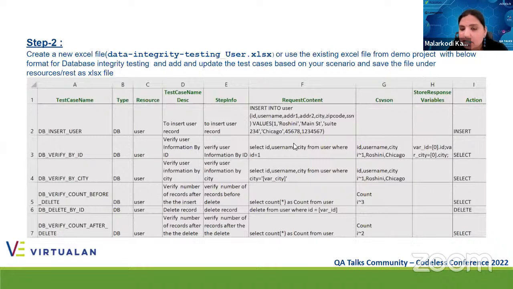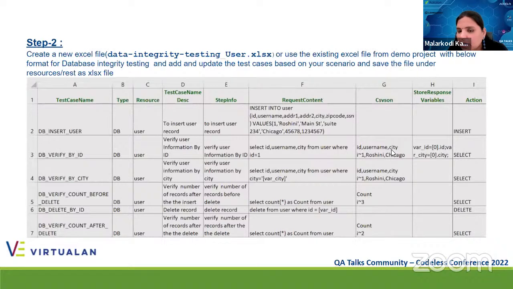For the third row, I'm going to select one record whose ID is 1. The fields I'm going to select are ID, username, city. I have to compare these with my expected response, so in the G column, third row, I have ID, comma, username, comma, city.